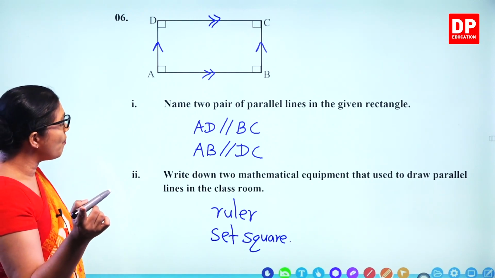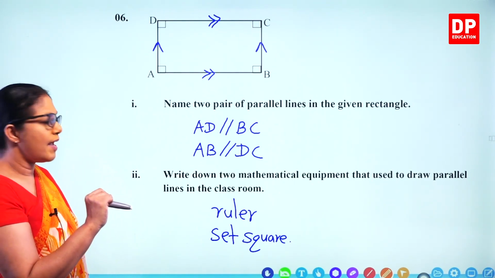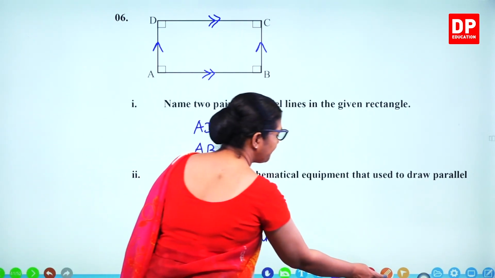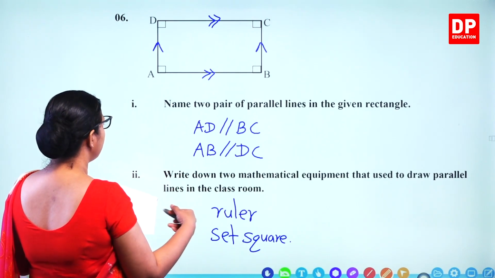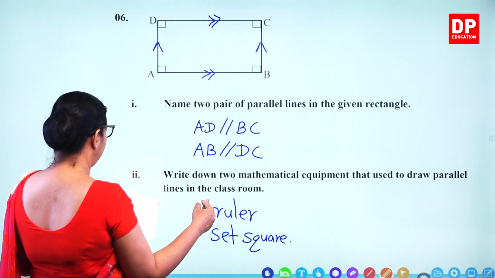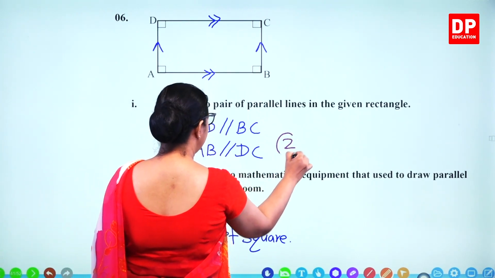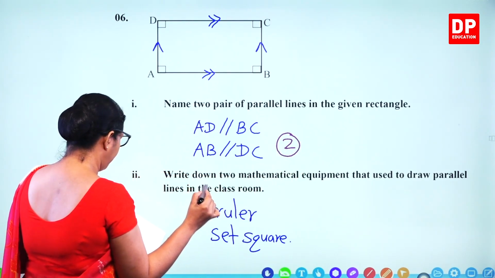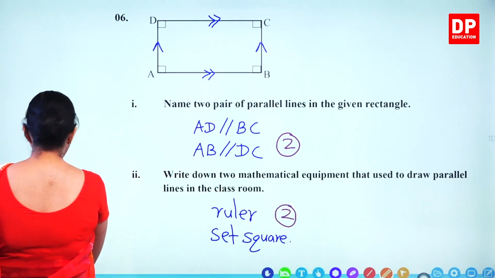Now we are using ruler and set square. So how many marks? 2 marks here and 2 marks. So 2 and 2, 4.